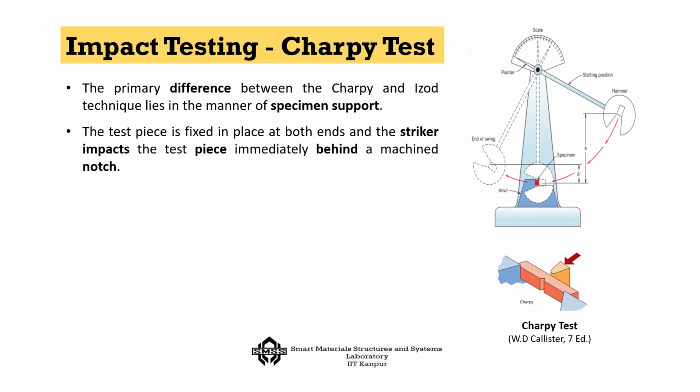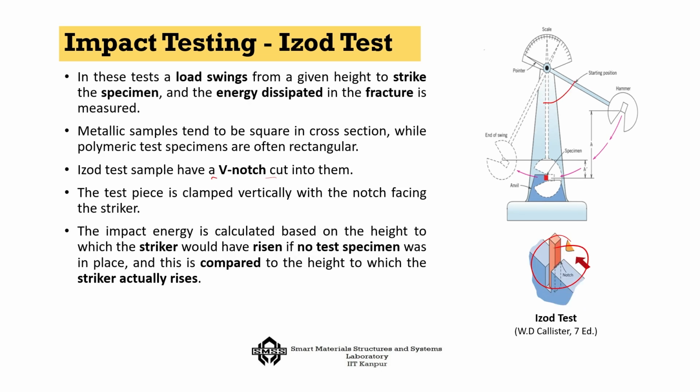The other way of doing it is a Charpy test. The primary difference between the Charpy test and the Izod test is the support part, because for a Charpy test, as you can see, the support is here, the notch is here, and you are driving it this way. And if you look at an Izod test, the support is here and you are hitting it in this direction.